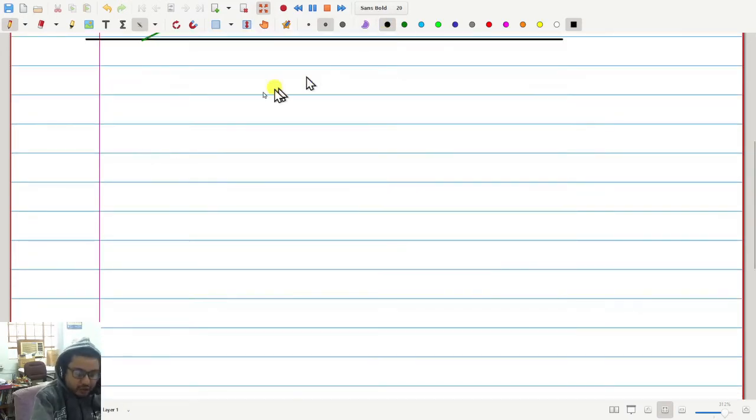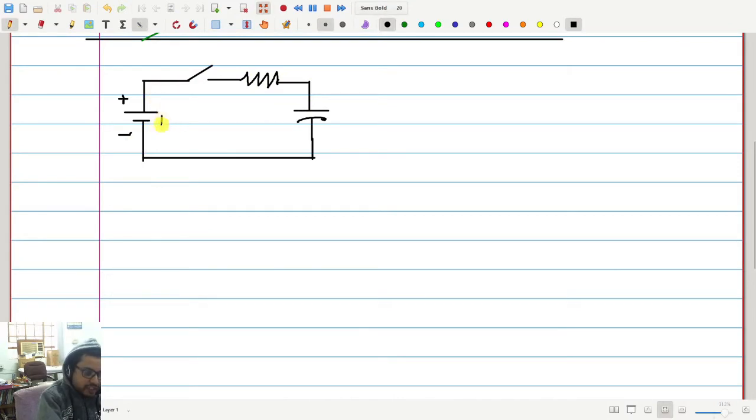So in our last class, we solved this problem that if we have a battery with EMF E, a switch, a resistance R, and a capacitor with capacitance C, and if this switch is suddenly closed at t equal to 0, then what happens?